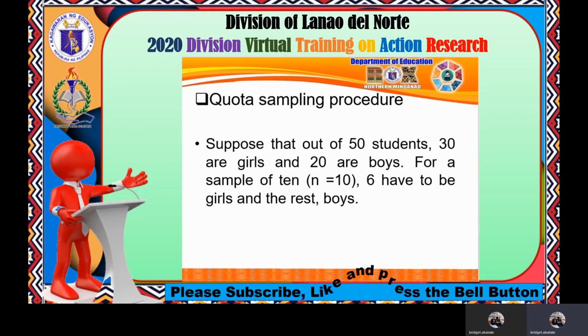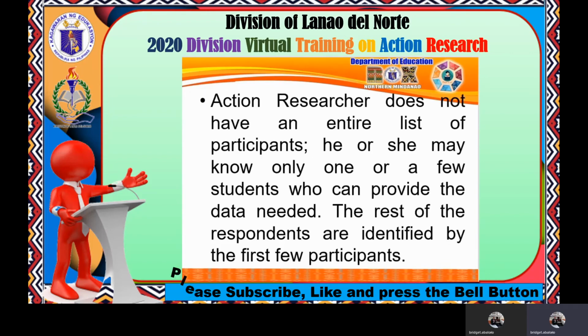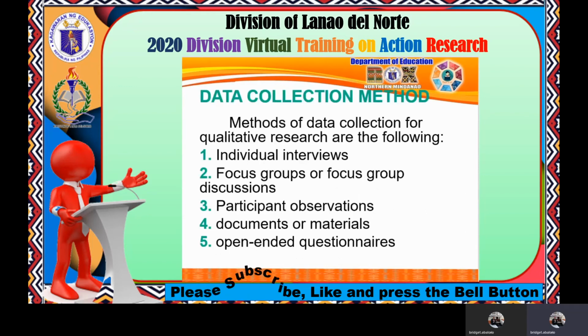So 6 girls and 4 boys in a total sample of 10. So the action researcher does not have an entire list of participants. He or she may know only one or a few students who can provide the data needed. The rest of the respondents are identified by the first few participants.